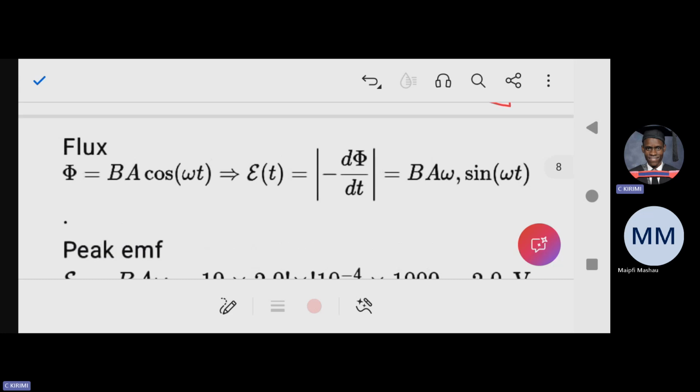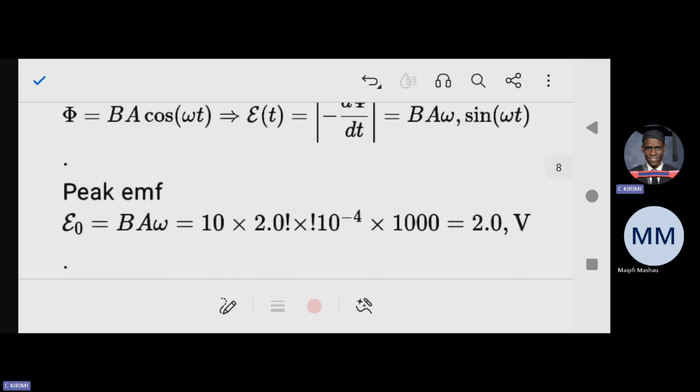You know the peak EMF is B A omega. So if you know the magnetic field B in Weber per meter square, the area of the loop, and the rotational speed, which is 1000 radians per second, you can calculate the peak EMF.